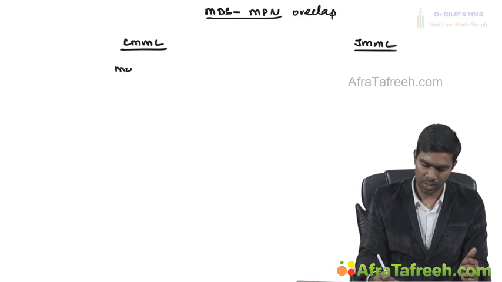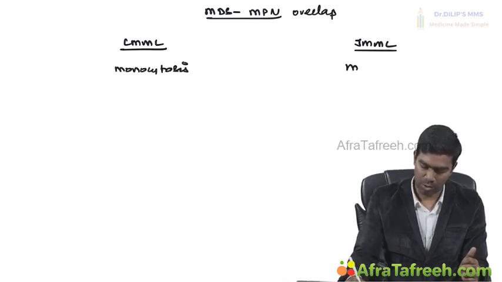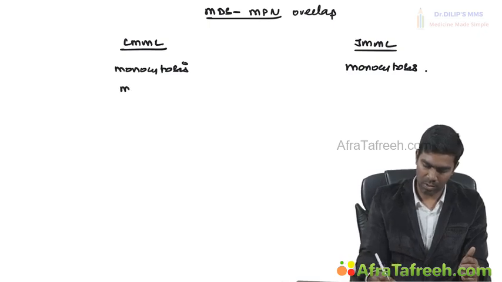Typically, remember, both will have monocytosis, and both will have myeloblasts, but less than 20%.